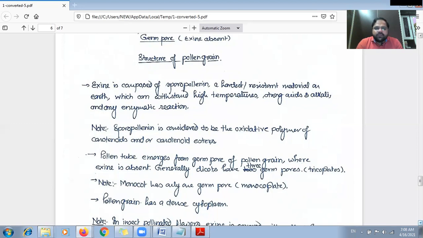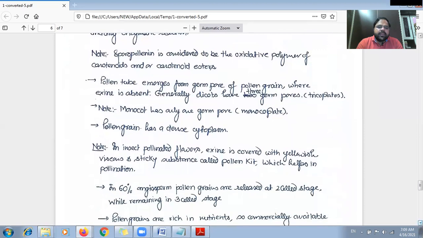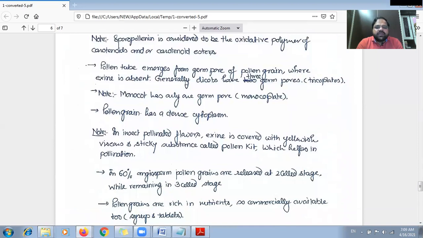Sporopollenin is considered to be the oxidative polymer of carotenoid and or carotenoid ester. This is the basic composition of the sporopollenin, and the pollen tube emerges from the germ pore of the pollen grain where exine is absent.